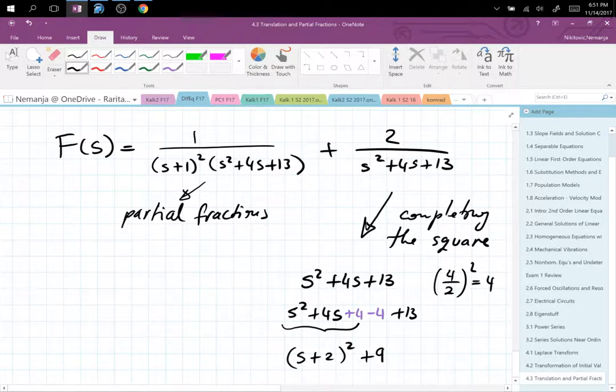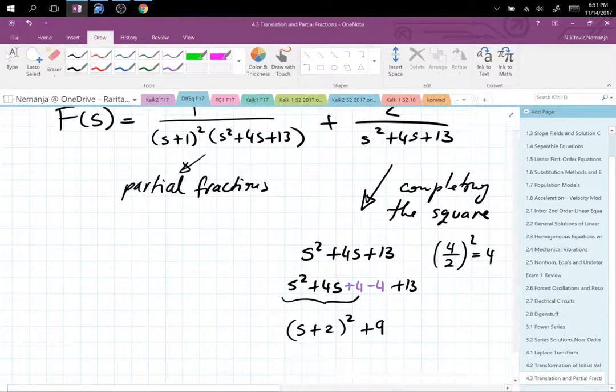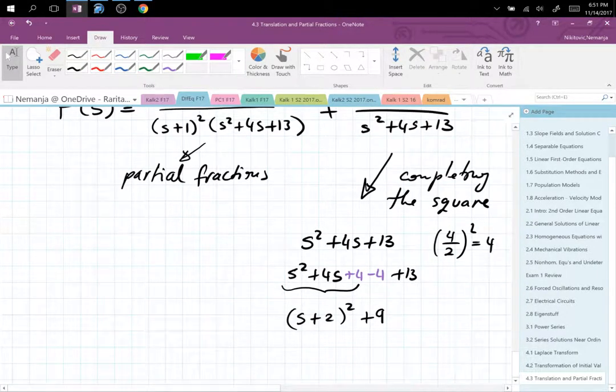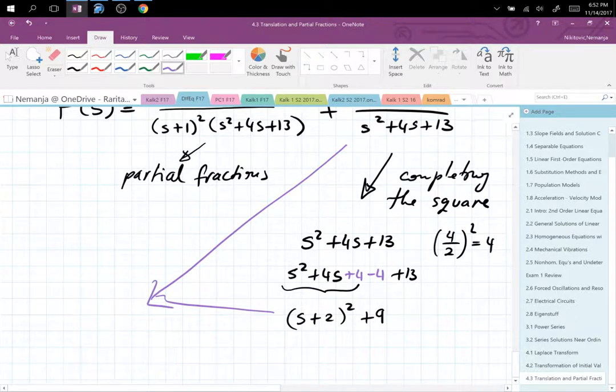Plus 9. So now this problem is transformed into 2 over s plus 2 squared plus 9.